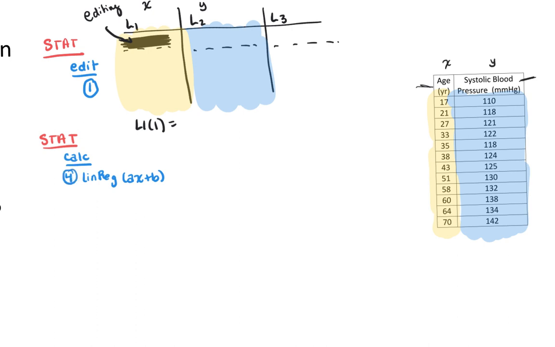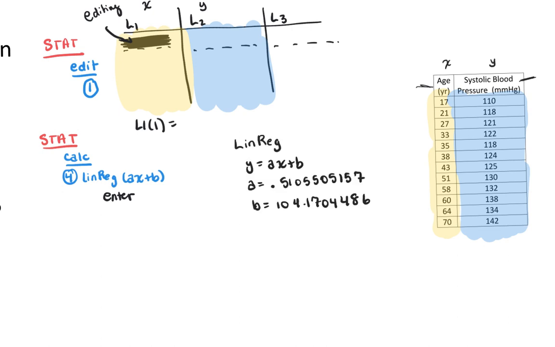So you can click number 4, and it'll take you there. And then we will click Enter. Once you click Enter, you should be looking at something that looks like this. Okay, so this is what should be on your calculator screen right now.